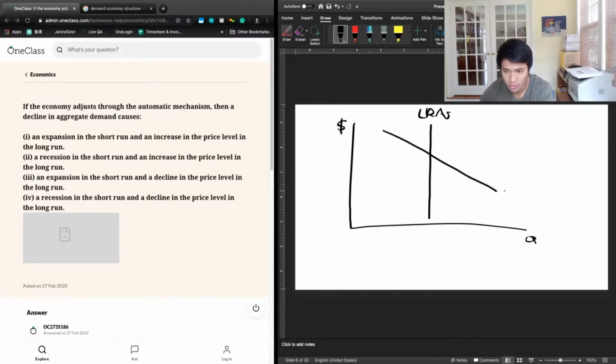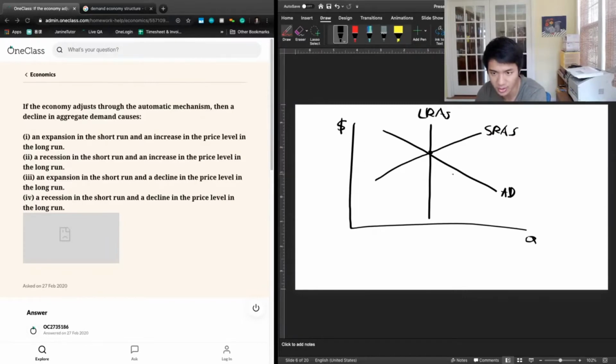We have our aggregate demand and our short run aggregate supply, and this is the model equilibrium. Everything intersects here, right?